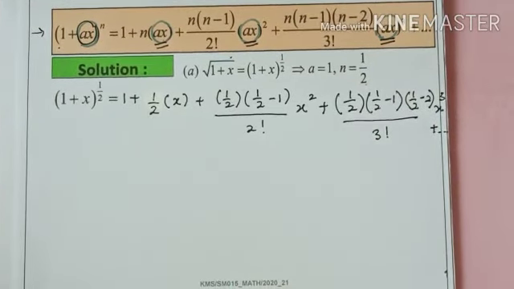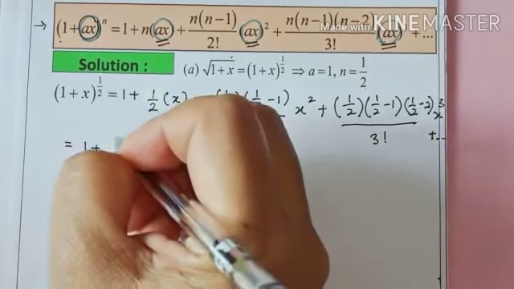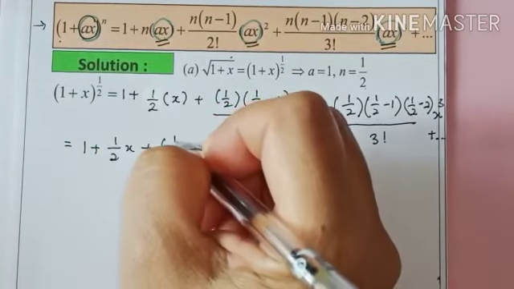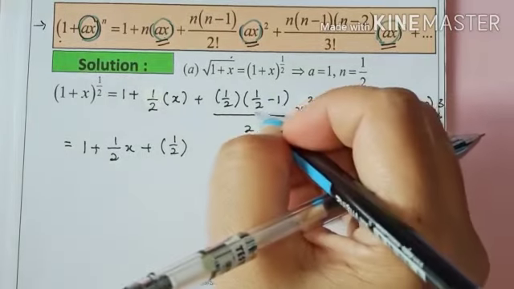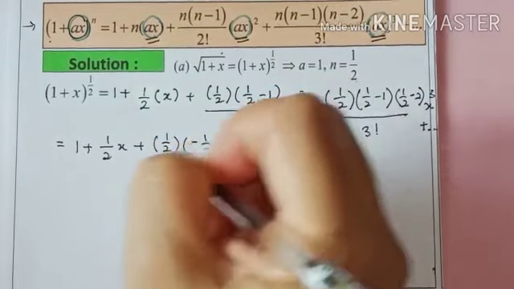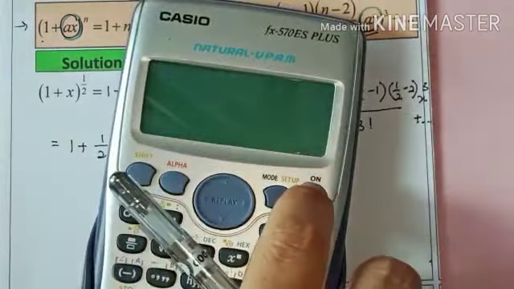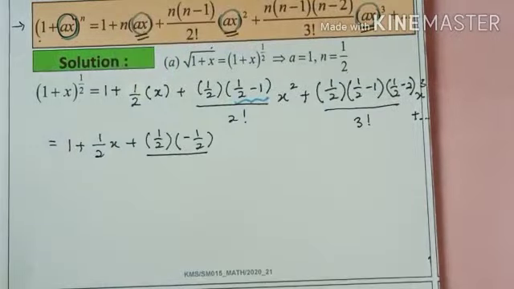The second step is we have to simplify. 1 + half x + the first bracket is half, the second bracket is half minus 1, which gives negative half, and then 2 factorial. We can use the calculator, press the button for factorial: 2, shift, factorial, then equals 2.